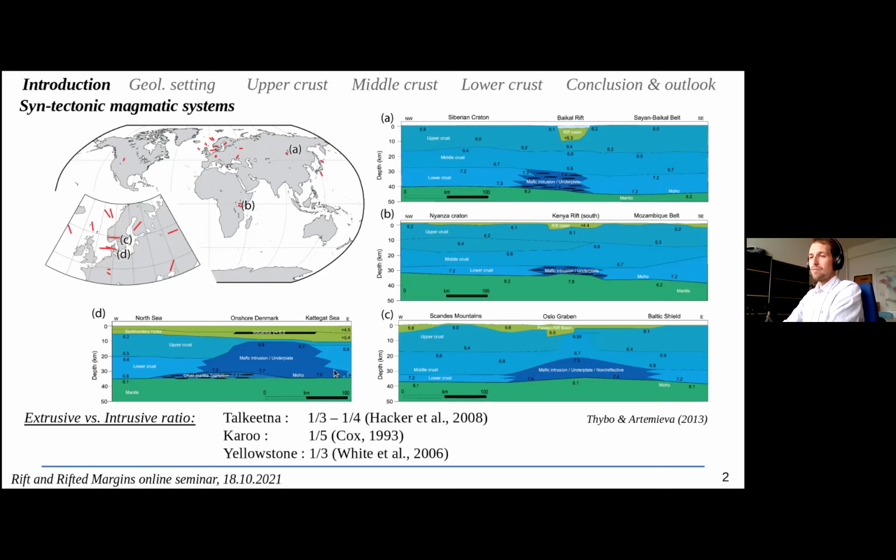And in fact, if we look at magmatic systems like the Talkeetna, the Karoo, or the Yellowstone, only a third of the magma is making its way up to the surface, and quite a lot is trapped in the continental crust.